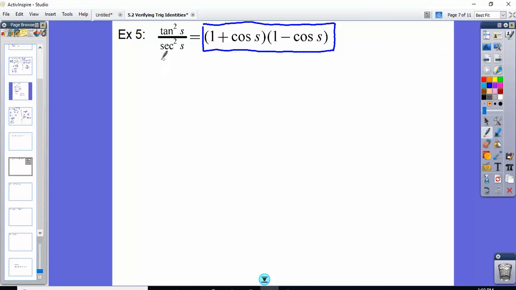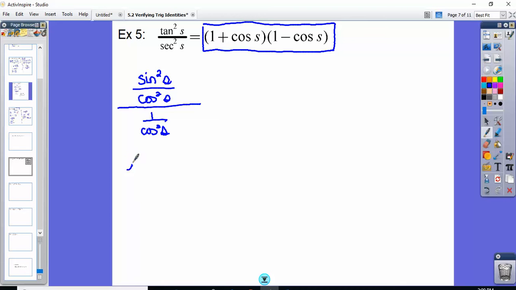Working with the left, our strategy is usually, unless we pick out some big formula, just change to sines and cosines. So tangent squared would be sine squared over cosine squared. Secant squared would be 1 over cosine squared.